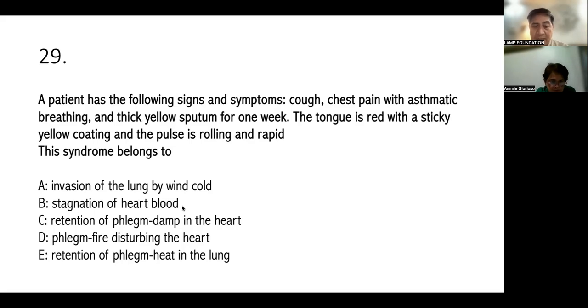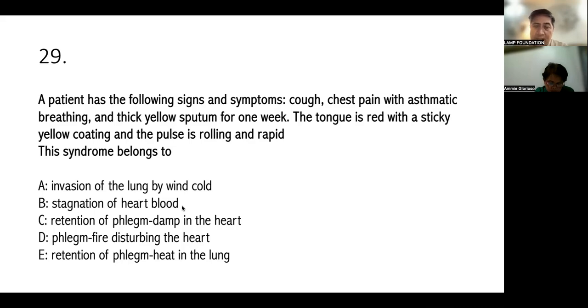Retention of phlegm damp in the heart. Ano yung hanapin mong symptom para masabi mo na ang phlegm damp nasa heart? Kasi pag nag-ano po tayo, Doc, yung sa pulse, there's 3 fingers, yung sa lungs and the heart. No. Paano mo masasabi based on the symptoms na ang organ involved is the heart?